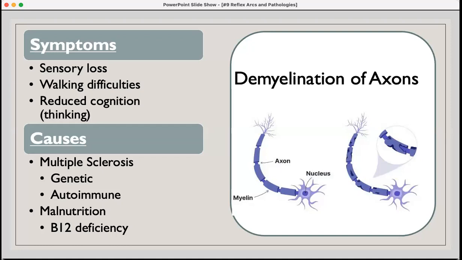The different causes for demyelination include multiple sclerosis, which is either genetic or autoimmune, and then you can also see demyelination with malnutrition, specifically B12 deficiency.